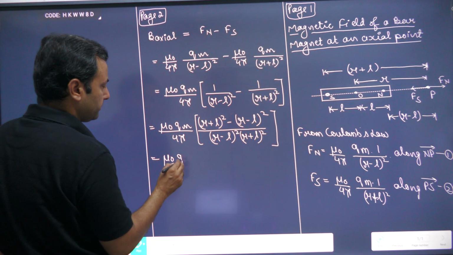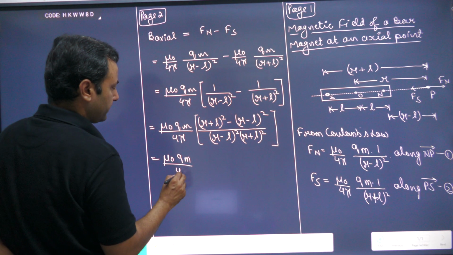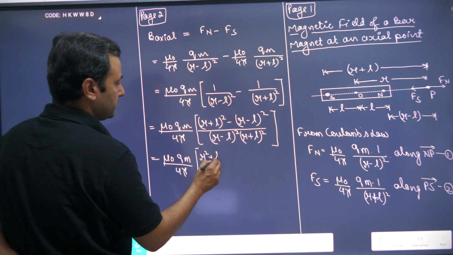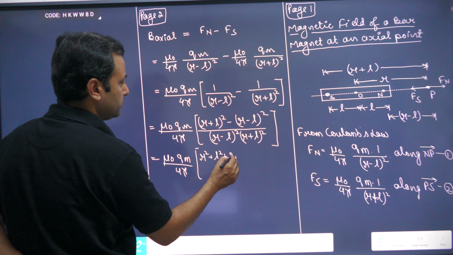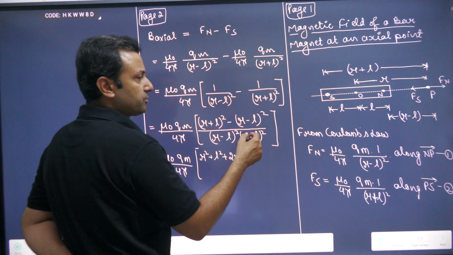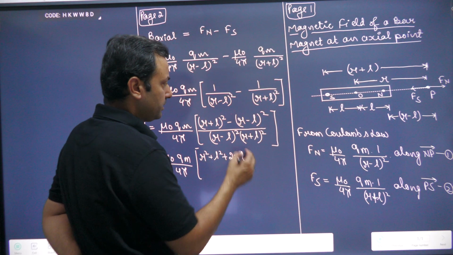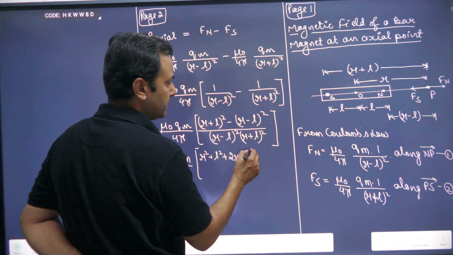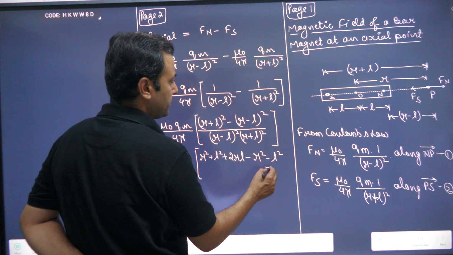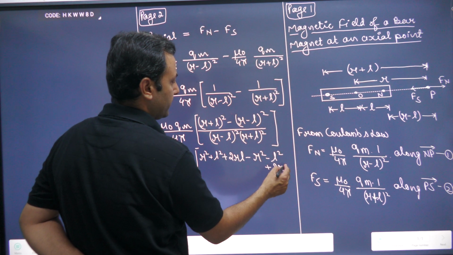This is mu naught Qm upon 4 pi, R square plus L square plus 2RL minus, this is going to be R square plus L square minus 2RL, but there is a minus sign, so all the signs will get changed.